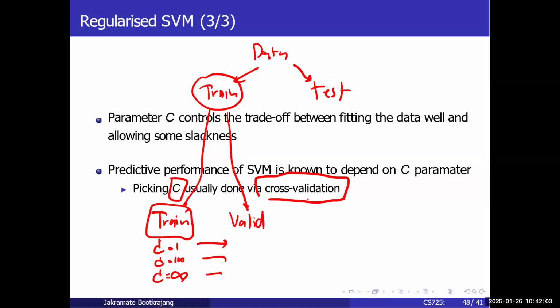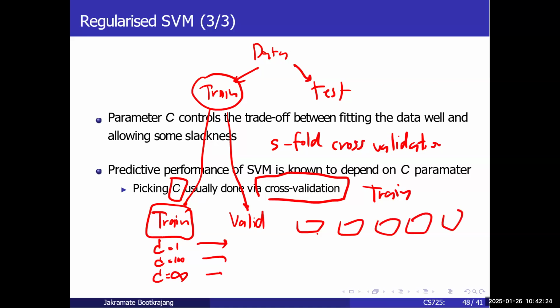And I think the most common is called fivefold cross validation. In fivefold cross validation, your training data is separated into 5 groups, each group is about 20%. You pick one to be the validation set, and then you do the experiment 5 times.